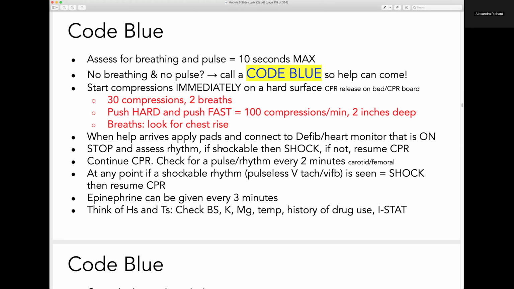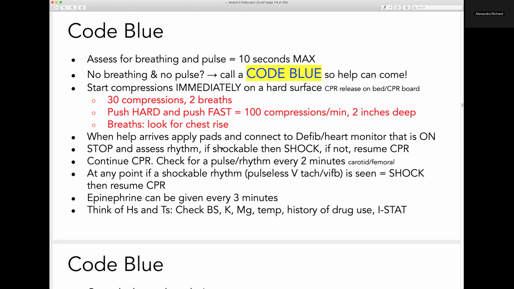It's like exercise. So you're going to get tired, and as we get tired, the quality of our compressions diminishes, and we have to give high quality compressions if we want the patient to come back to life. So remember, every patient, we have to care for them like our own family. So that's someone's family member. We want to give the best of what we can, and we need a team to give the best CPR.